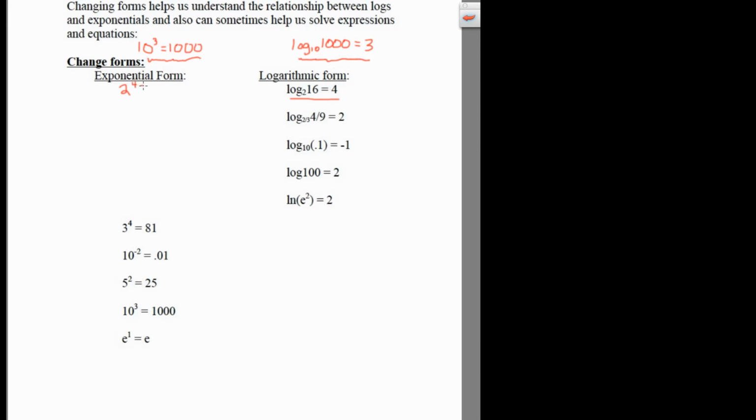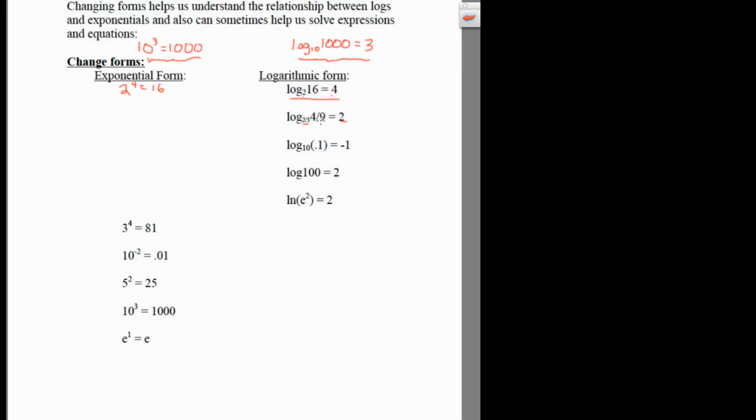So 2 to the 4th equals, and then I want the 1,000, and the 1,000 is in the spot where the 16 is. So 2 to the 4th equals 16. The visual helps me. Boom, boom, boom. So then once I have one, it's easier for me to change.